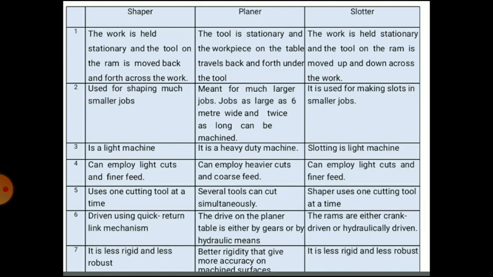Several tools can cut simultaneously in a planer, and in a slotter one cutting tool at a time can be used. Shaper is driven using a quick return link mechanism. In planing, the drive of the planer table is either by gears or by hydraulic means, and in a slotter the rams are either crank driven or hydraulically driven.